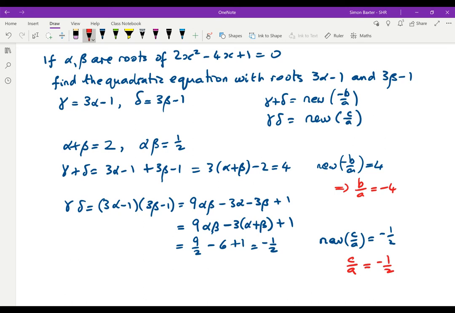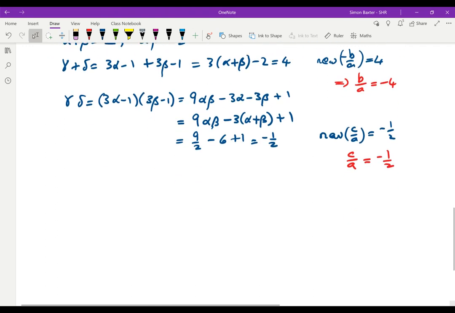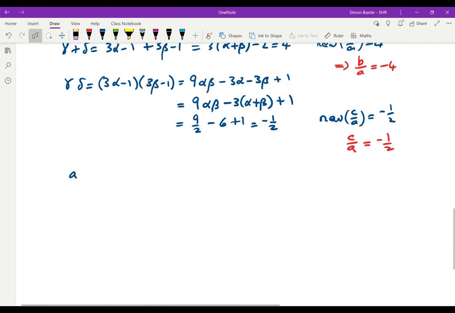Now we want the quadratic equation which has gamma and delta as roots. We know all about the quadratic equation, I hope. ax squared plus bx plus c equals 0. My new b over a at the top there is still just in sight, is minus 4. My new c over a is minus a half. Many people find it helpful to write this equation as x squared plus b over a x plus c over a.